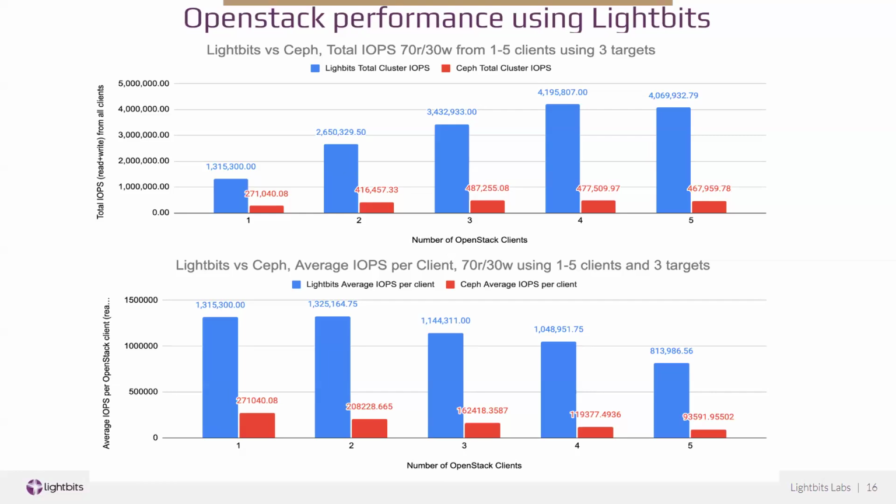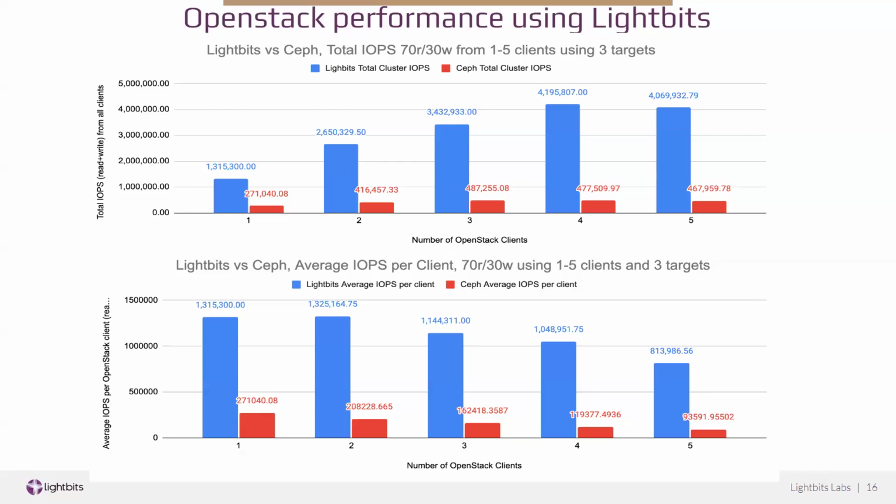The bottom one is basically the averages per client, and as you can see, with one client, it's the same number. With 2 clients, it's a little bit growing, and so on. And the nice thing about Lightbits is that roughly around client number 4, we reached the limit of what the Lightbits cluster with only 3 targets can provide.